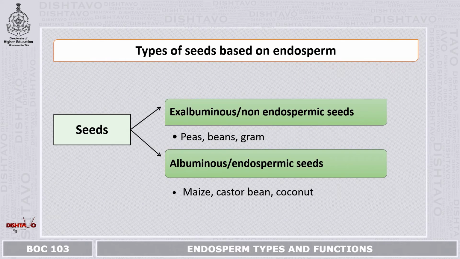Now depending upon whether the endosperm is present or not, there are different types of seeds, that is exalbuminous or non-endospermic seeds and albuminous or endospermic seeds. In exalbuminous, we have the examples of peas, beans and gram, whereas in the second category, we have the examples of maize, castor bean and coconut.